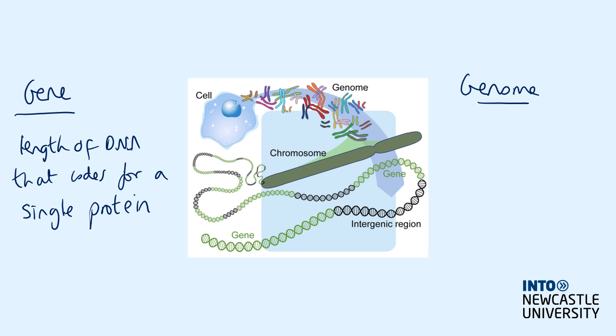The genome is the total set of genes in a cell. So the human genome is all the genes that are needed to code for all the proteins in a human cell, kept in the nucleus. That would be the genome there.